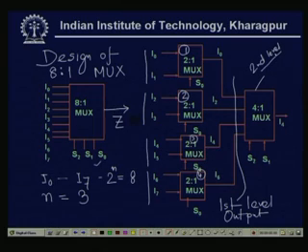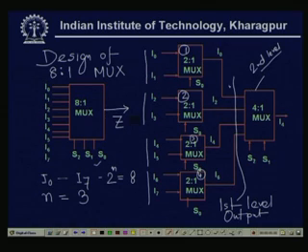Already we have seen how a 4 to 1 multiplexer can be designed using 3 2 to 1 multiplexers. So, this 4 to 1 multiplexer can be replaced by 3 2 to 1 multiplexers. Then it will be a hierarchical thing. First 4 2 to 1, then 2 2 to 1, then 1 2 to 1 multiplexer. That is also another alternative design of the 8 to 1 multiplexer.